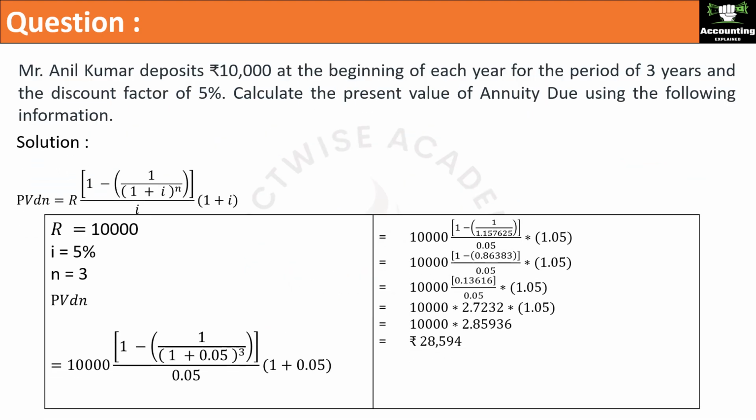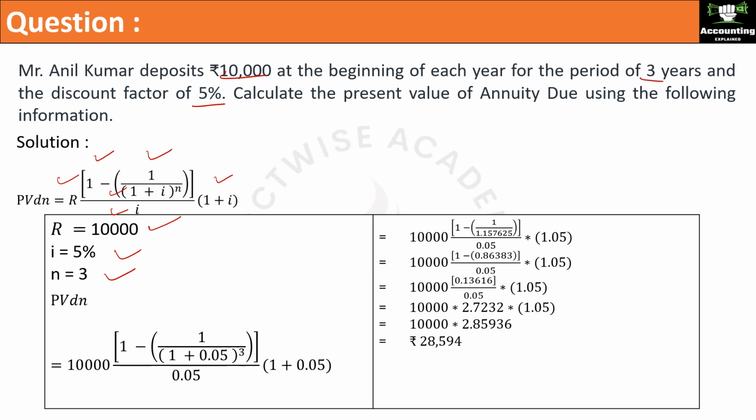Let's see the solution now. So the formula is PVD_N is equal to R into 1 minus 1 divided by (1 plus I) the whole power n, divided by I, the whole thing multiplied with (1 plus I). So R is 10,000, I is equal to 5% and N is equal to 3.